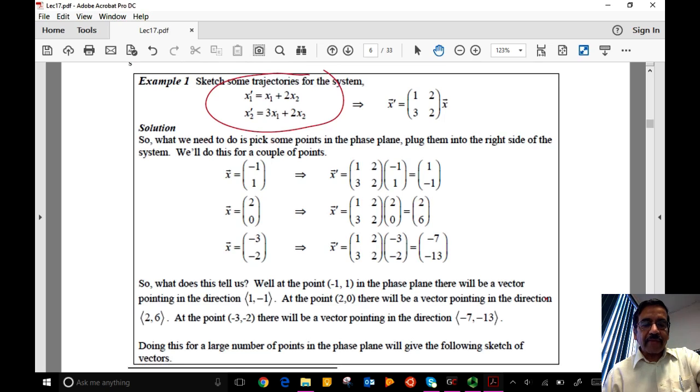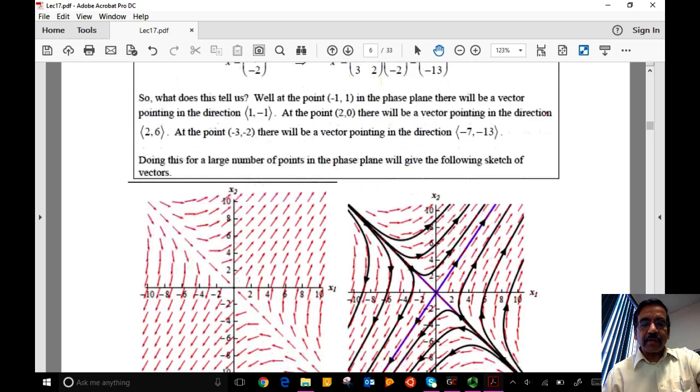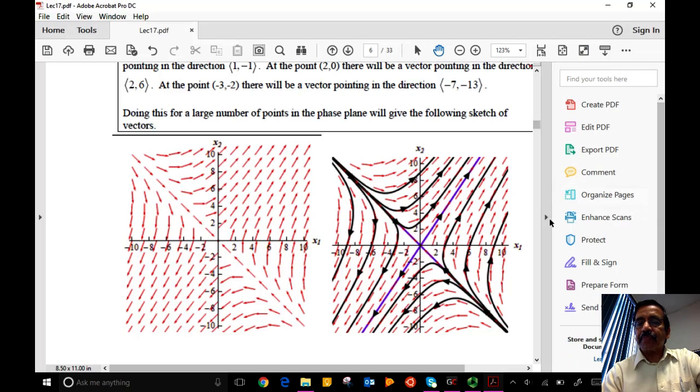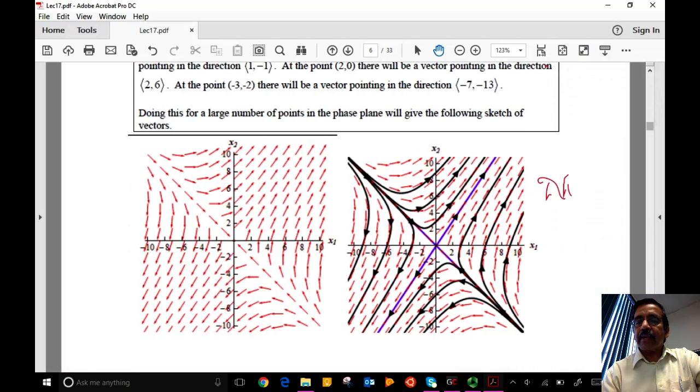I guess they don't have the values of the eigenvalues. But it turns out that this problem has one eigenvalue that is positive. Lambda 1 is positive and lambda 2 is negative.